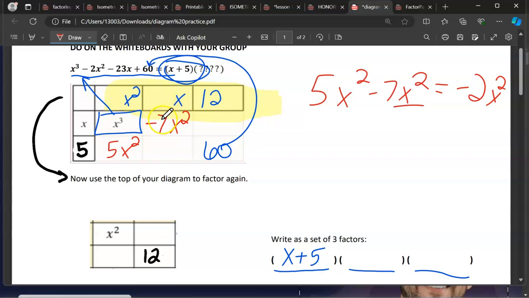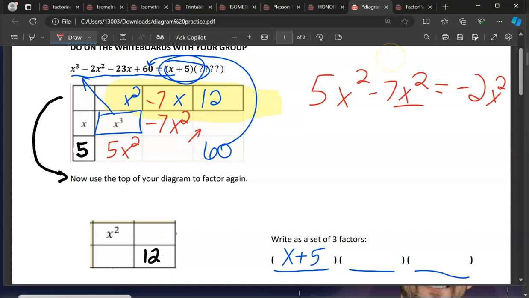How do I get negative 7x squared? Well, I'm going to take x from the row times negative 7x in the column, and I get the negative 7x squared. From there, we can check the last one. We should get negative 23x by combining these two, right?